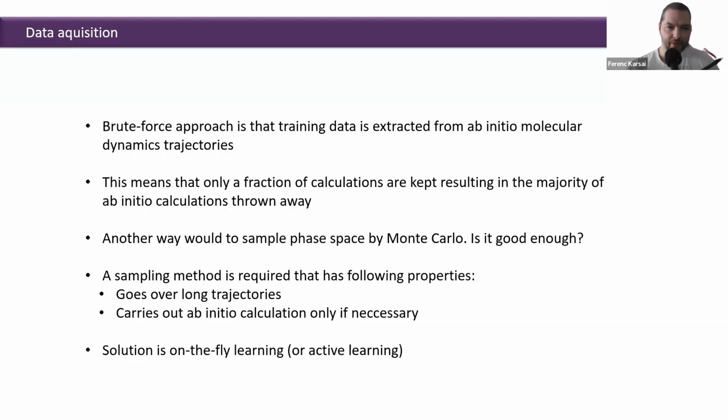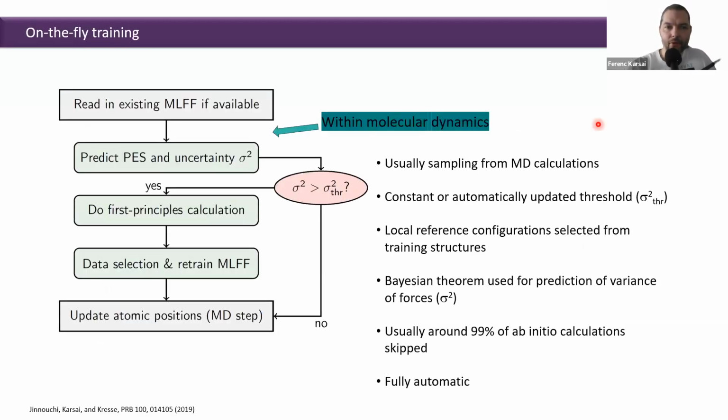The solution for this, as you may have seen, and I've mentioned already, is on-the-fly learning, also called active learning. These two can be mixed up. So let's have a look at the on-the-fly learning algorithm in VASP.